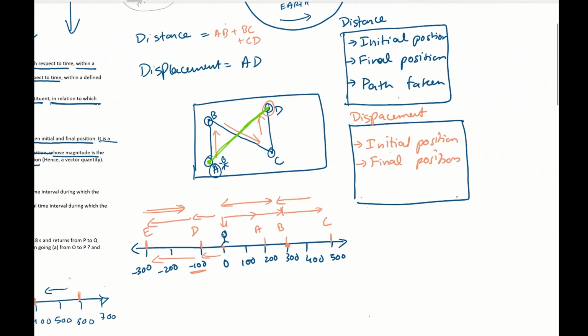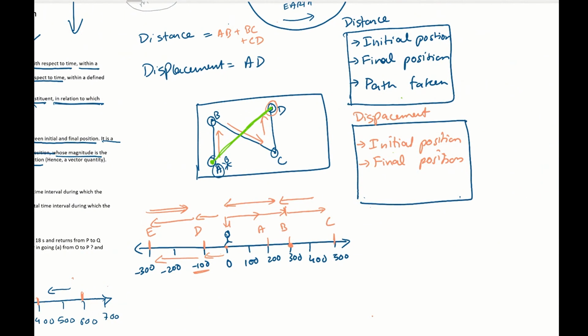Something that would make this concept easier to understand is this: in order to calculate distance, you need three things. You need to know the initial position, the final position, and the path taken by the object or person. Whereas for displacement, the only things you need to know are the initial position and the final position.